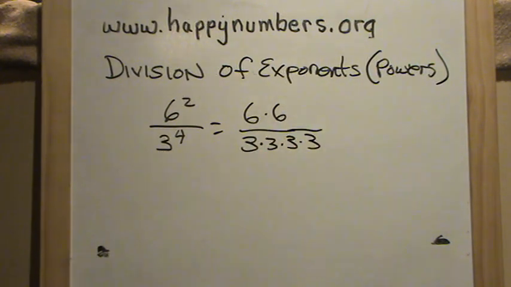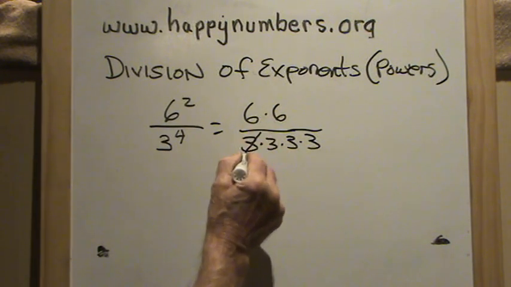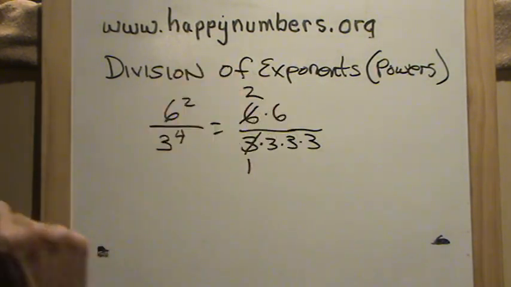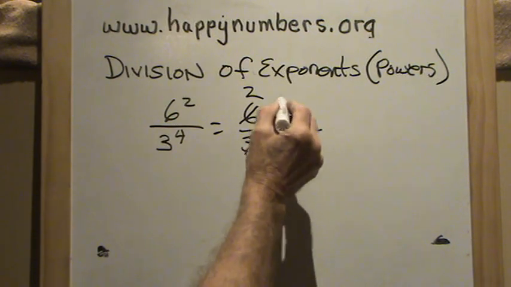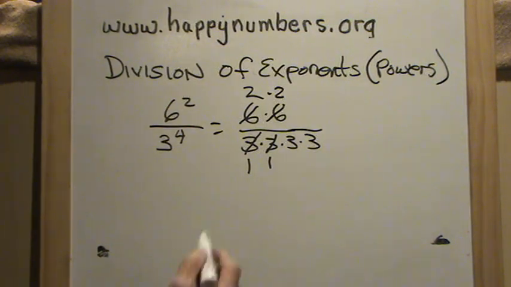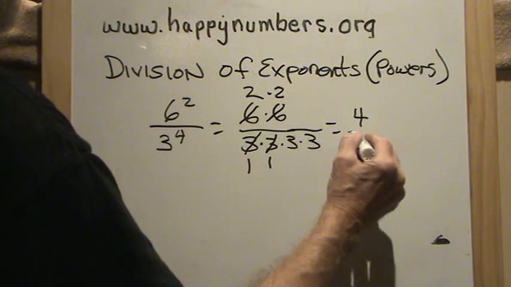Now, we can make this problem a little simpler for ourselves if we realize that if we expand it, we can say, well, 3 can go into 3 one time, 3 can go into 6 2 times. 3 can go into 3 one time, 3 can go into 6 2 times. So now we multiply. 2 times 2 is 4.